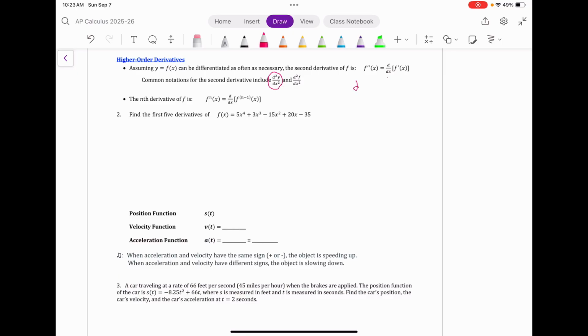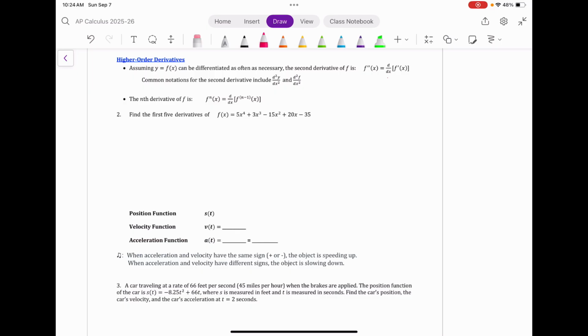So if you're curious where that notation comes from, it's where you're taking the derivative with respect to x of dy dx, right? So all that says is you're taking the derivative with respect to y again, with respect to x again. And d2f over dx squared is another common notation for the second derivative. But we'll use that notation later.